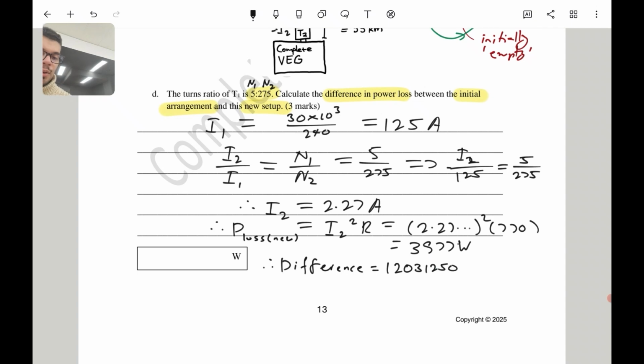That's the exact power loss that we got previously. This should be saved in your calculator. This is the old power loss. And now we subtract by the new power loss, and you'll end up with approximately 12 megawatts. So very interesting.